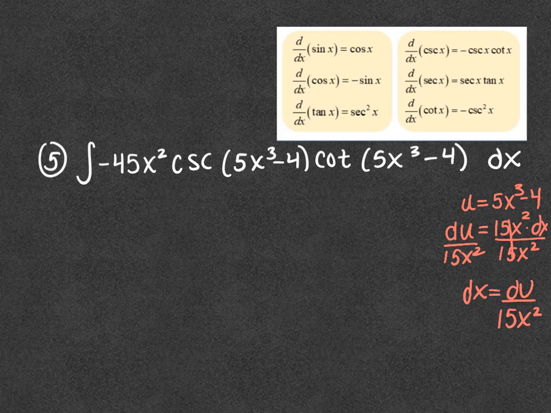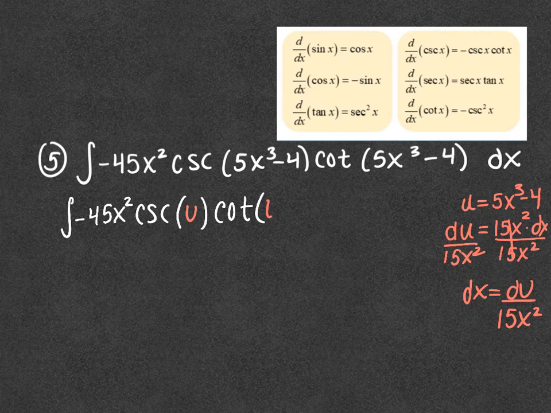So now that we have our setup, we can go ahead and plug it back in. So I want to integrate negative 45x squared cosecant of now u cotangent of u, and then times dx, which is du over 15x squared.